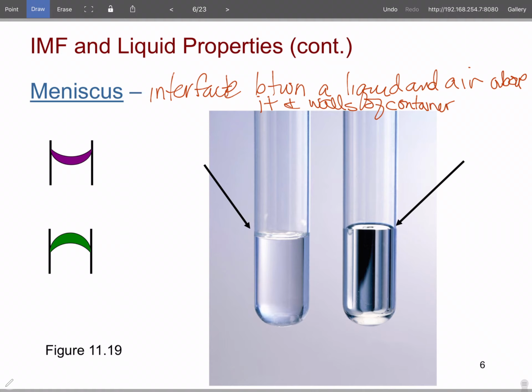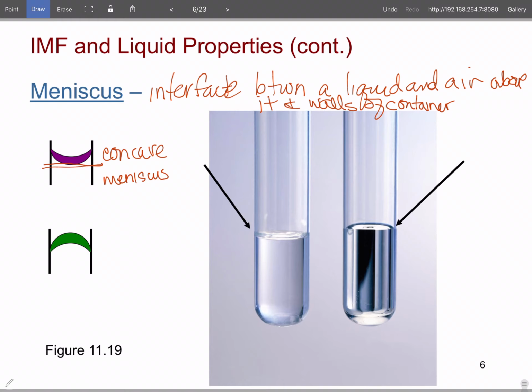But in some cases, we are concave. We call this a meniscus. Remember when we were in lab? Meniscus. We talked about reading from the bottom of the meniscus.